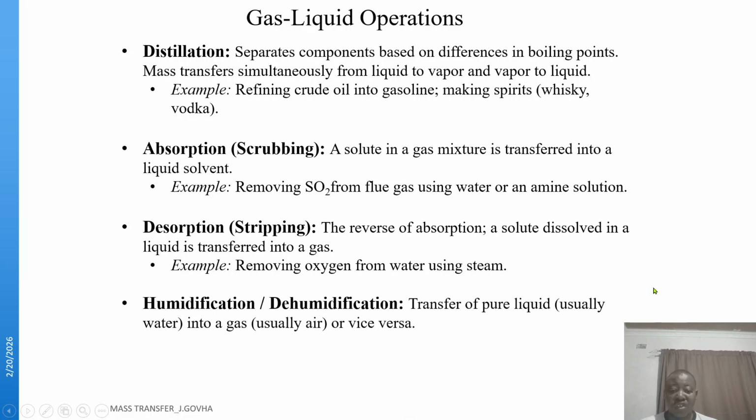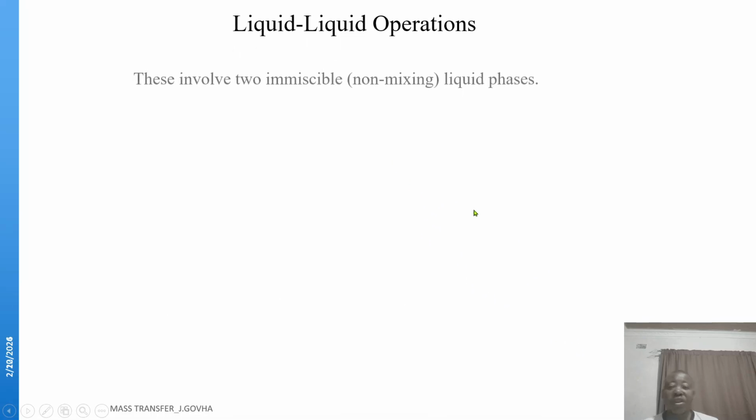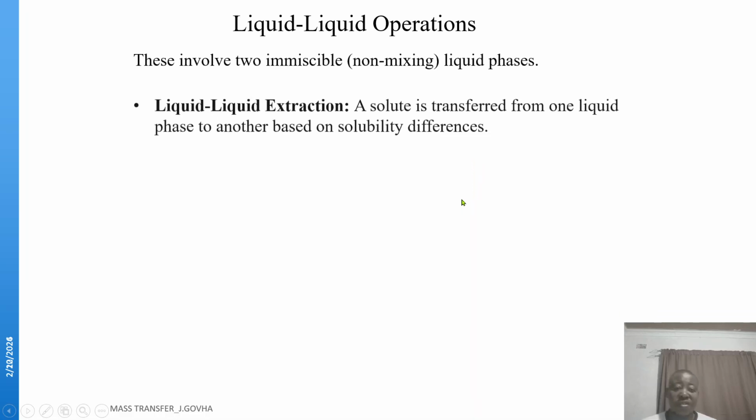Then humidification and dehumidification, so transfer of pure liquid into a gas or vice versa. One example there is our cooling towers, where we are doing the humidification, and our air conditioners, the dehumidification.